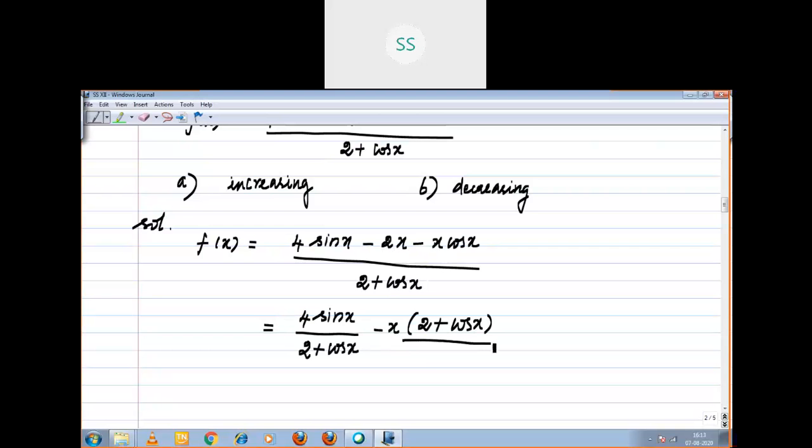Divided by 2 plus cos x. I separated the terms, right? Now, these two things are cancelled. You arrive at the function as 4 sin x divided by 2 plus cos x minus x. This is your function. Now we are going to differentiate, right?